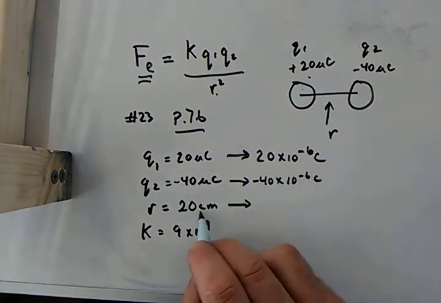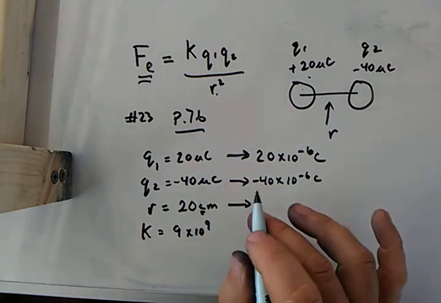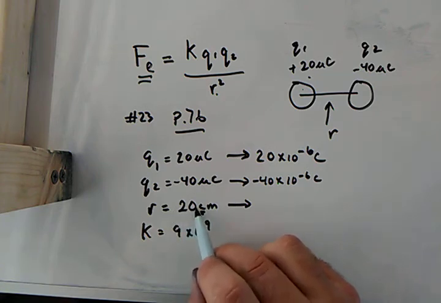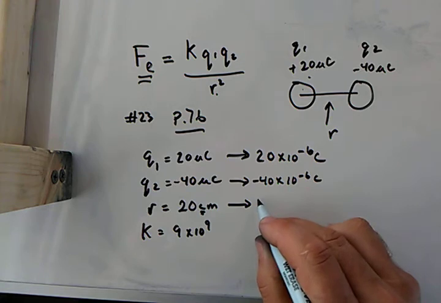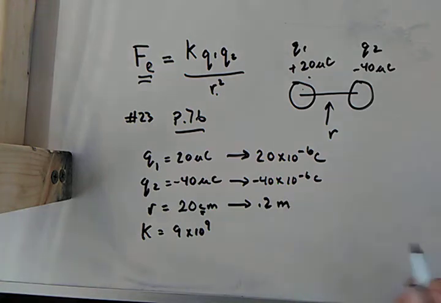And they got us here too with centi. We can either use our knowledge of centimeters versus meters, where the decimal moves over twice, or realize that 20 centimeters is equivalent to 0.2 meters.